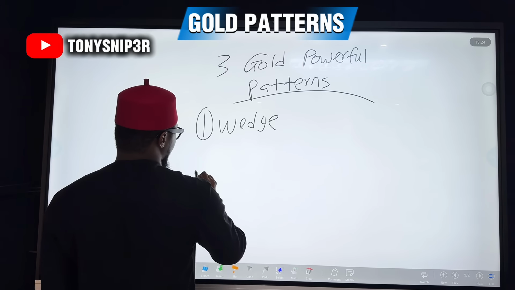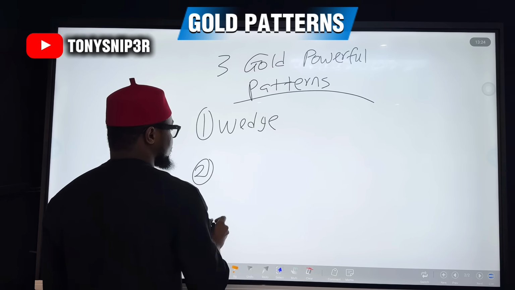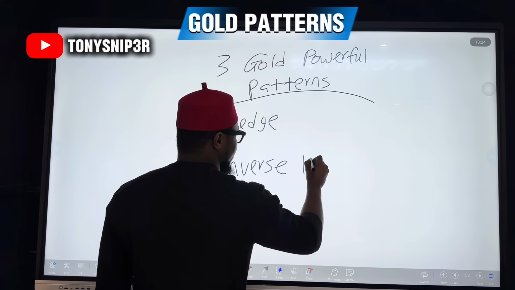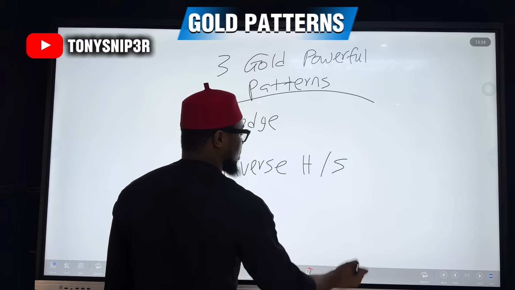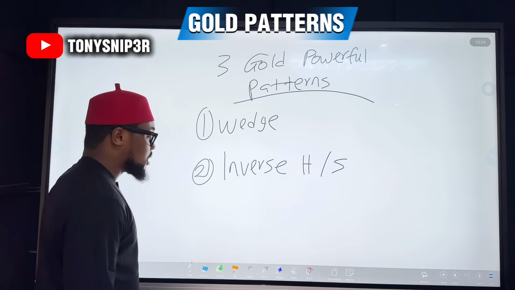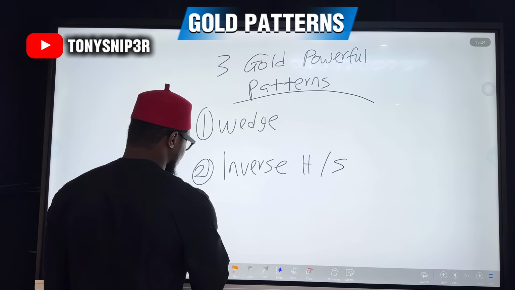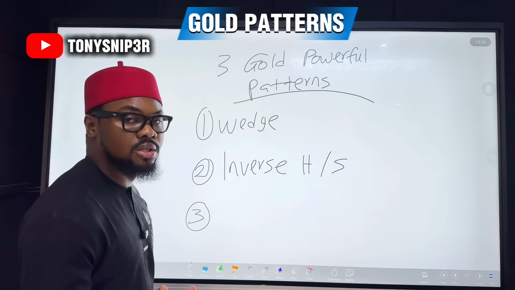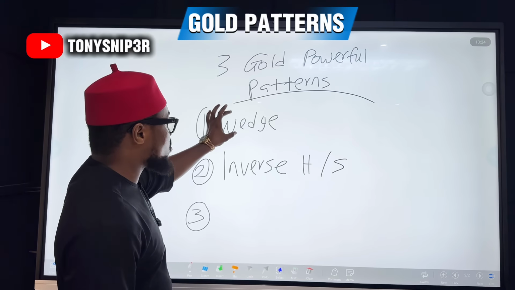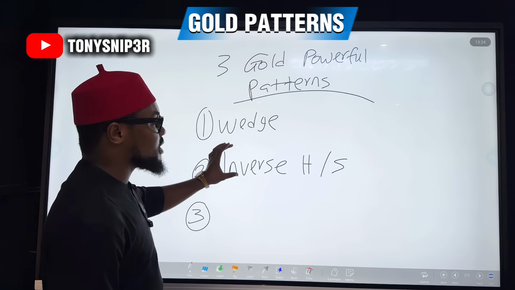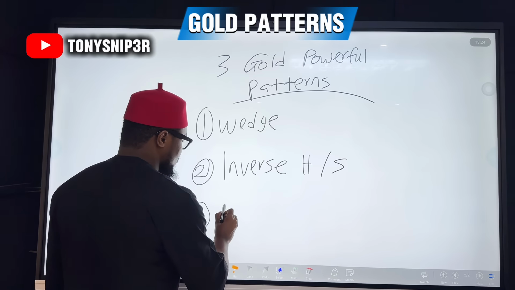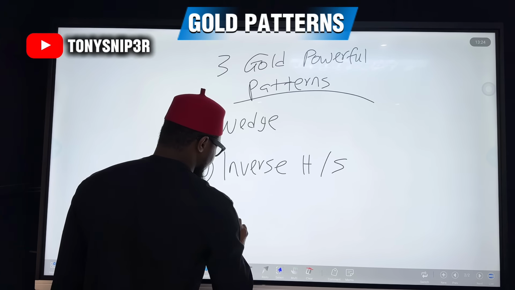The second one is the inverse head and shoulder. Then the third one, what do you think the third one will be? If the first one is wedge, the second one is inverse head and shoulder, the third one is the double top.